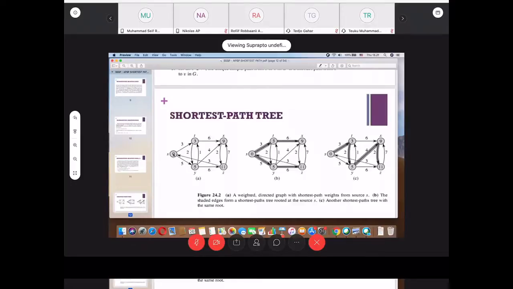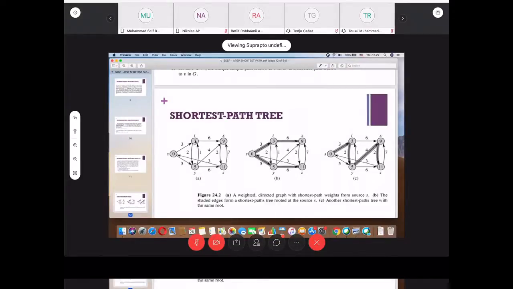Starting from S, we have to find all vertices adjacent to S. There are 2 vertices adjacent to S, which are T and Y, right?